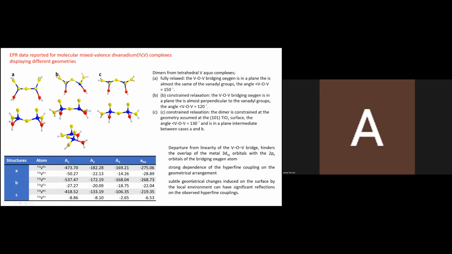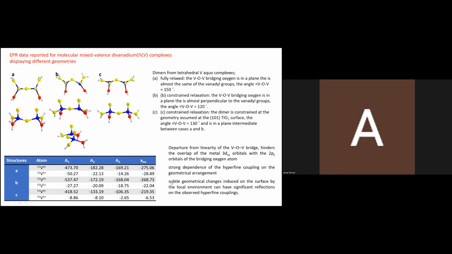This gives us an important hint: the transfer of the unpaired electron from one atom to another is mediated by the p orbital of the oxygen, and the arrangement of this vanadium-oxygen bridge is very important, because in some cases it promotes this transfer, and in some cases, on the contrary, the transfer is not favored.